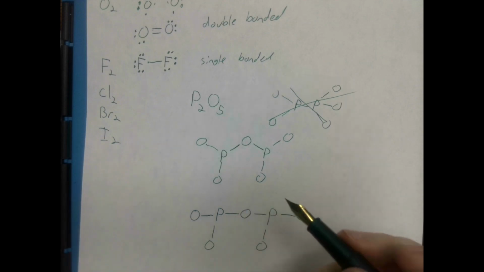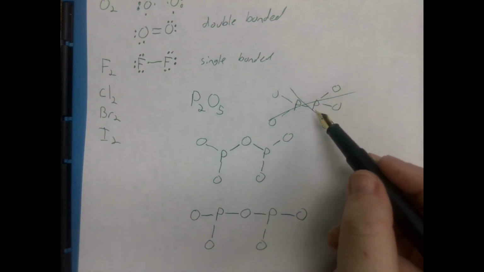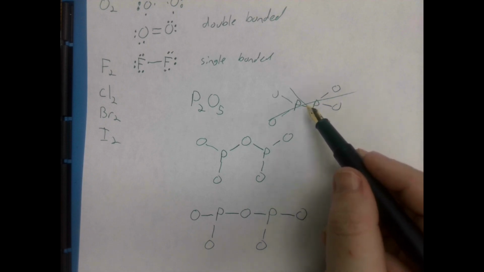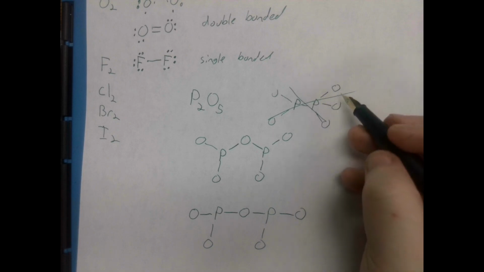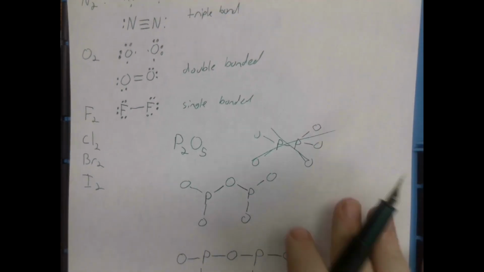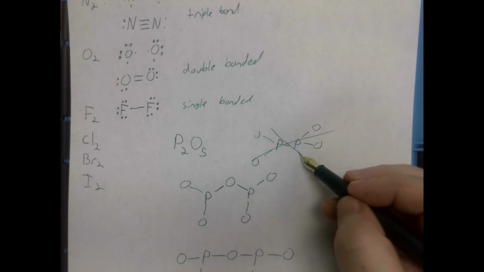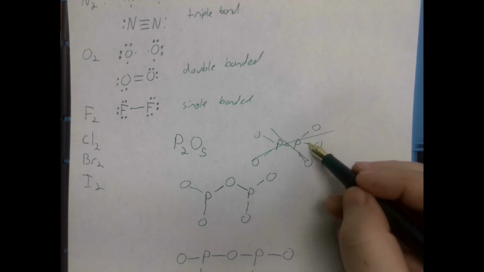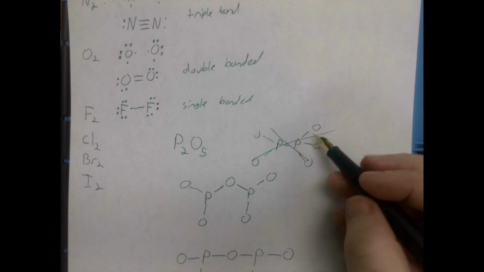So basically if you started out by guessing it looks like this, you'll find that there's no way to balance this. Because let's count how many are around this phosphorus. So there's 2, 4, 6, 8. This phosphorus has 8.